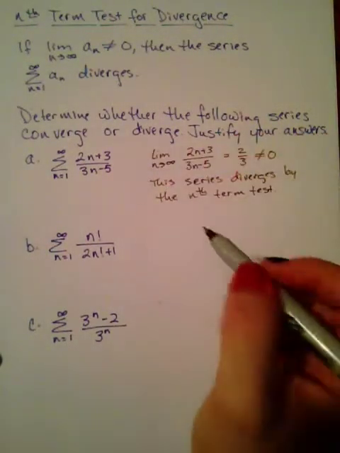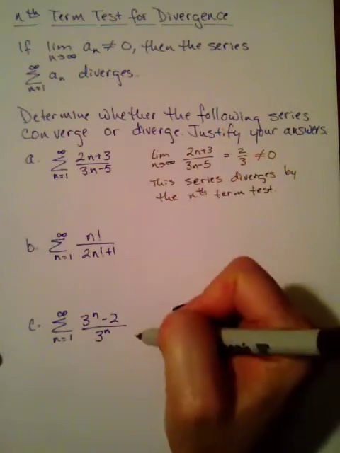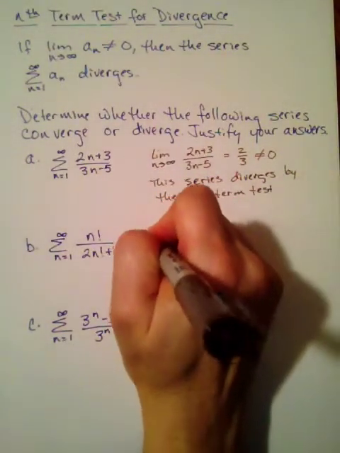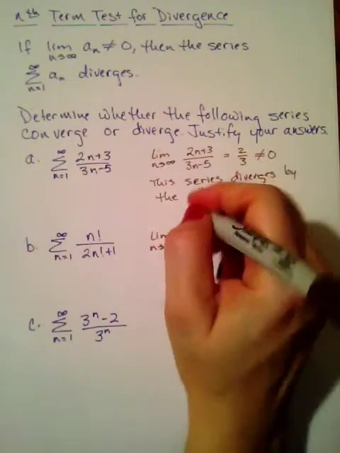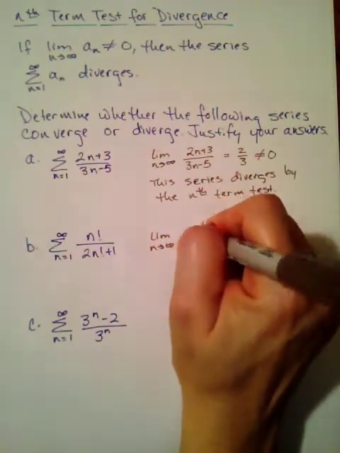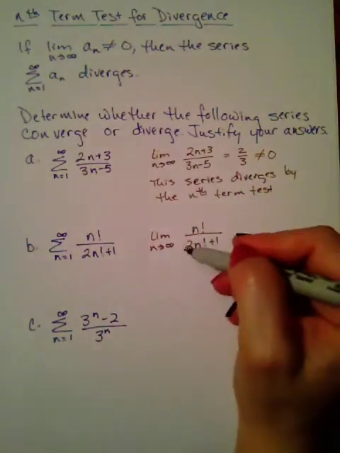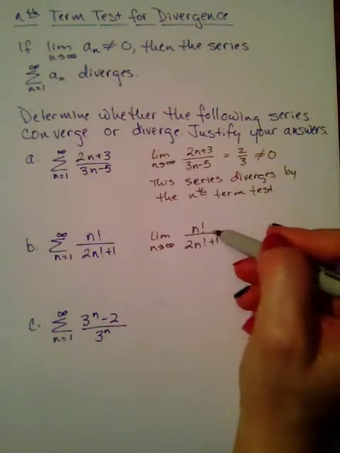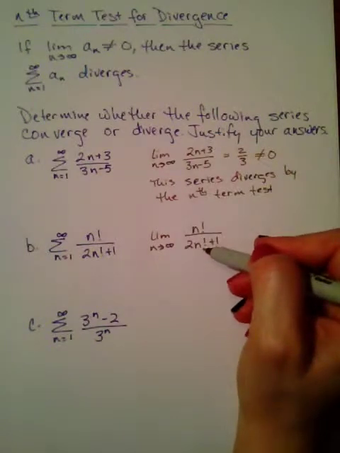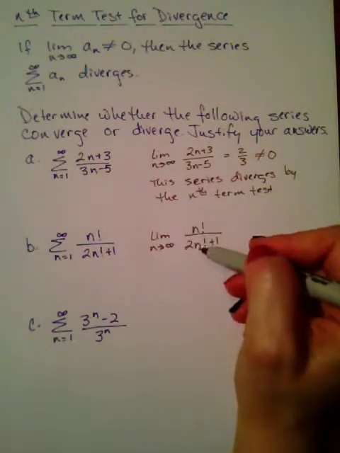Okay, so we're going to look at different kinds of functions for the other example. So if I take the limit as n approaches infinity with something with factorials, I have n factorial over 2 times n factorial plus 1. I know that out towards infinity, this plus 1 isn't going to matter a lot. The n factorial and the 2 times n factorial are the dominant terms in this.